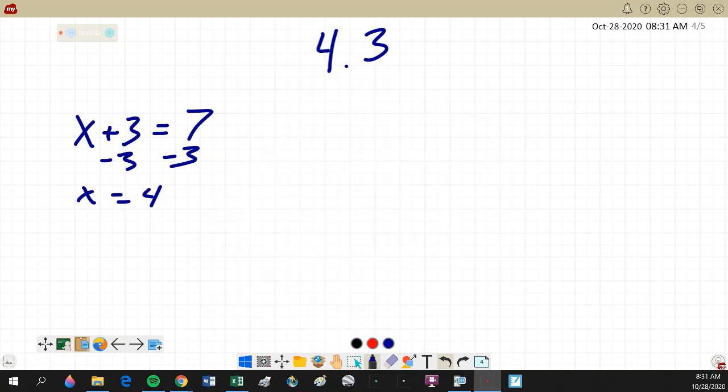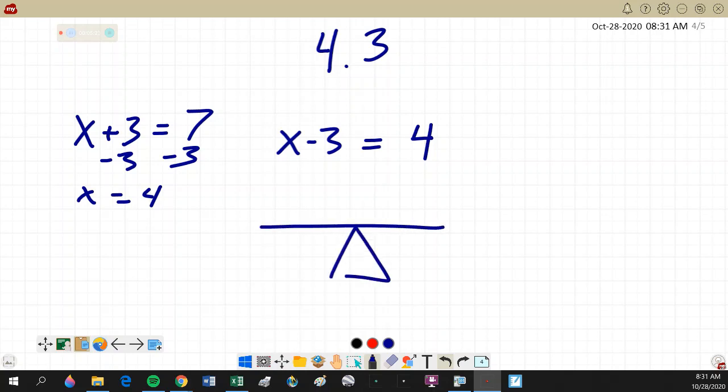What about this? How do I represent that? So this is a little bit weird. I have an x, and I have 4.